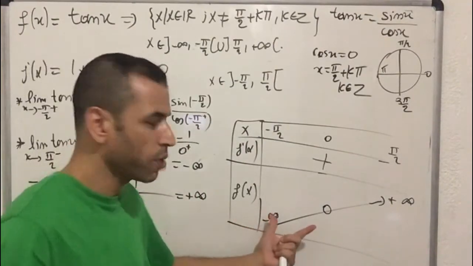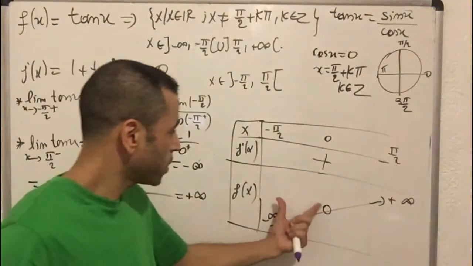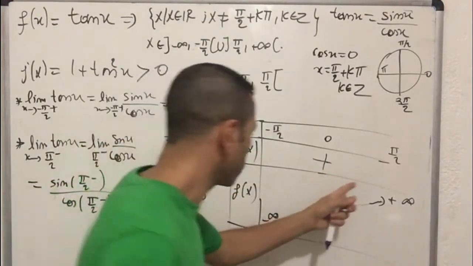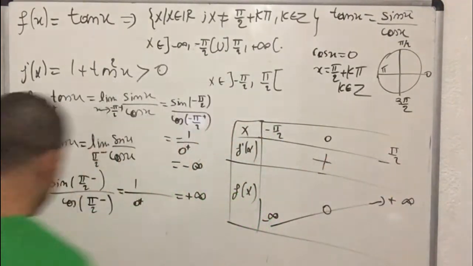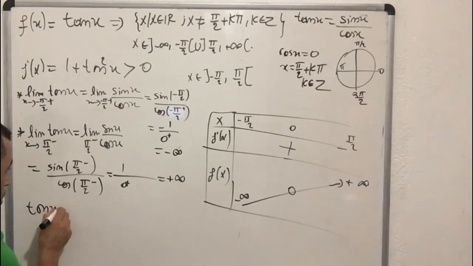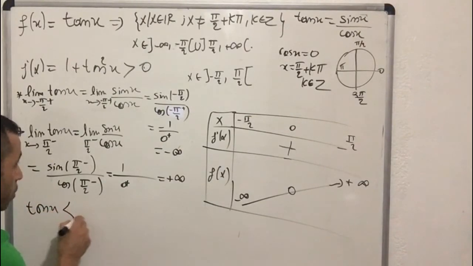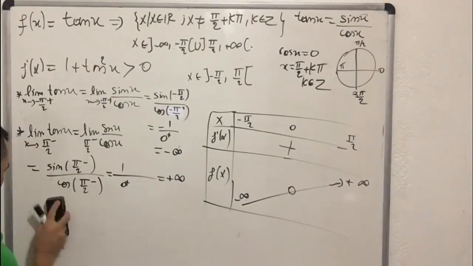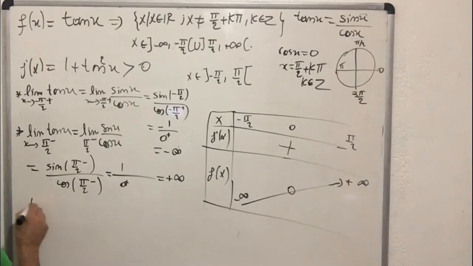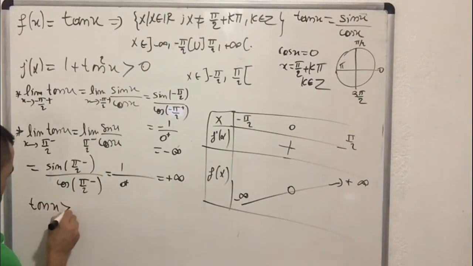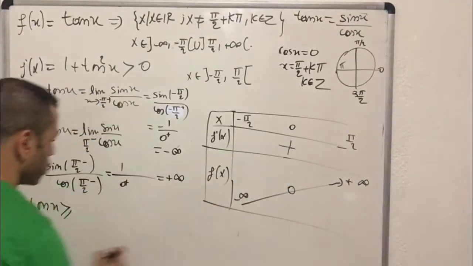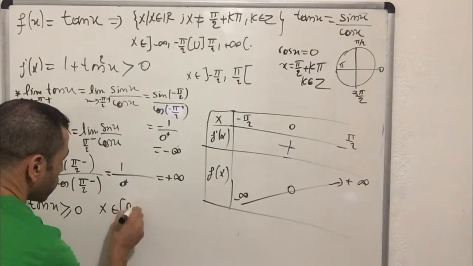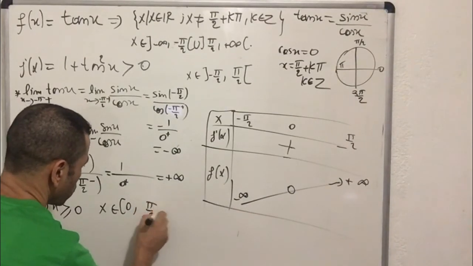What do you think about this function? This function is negative on this interval, minus pi over 2 to 0, and positive from 0 to pi over 2. So this function, tangent x, is greater than or equal to 0 when x is from this interval, from 0 to pi over 2.